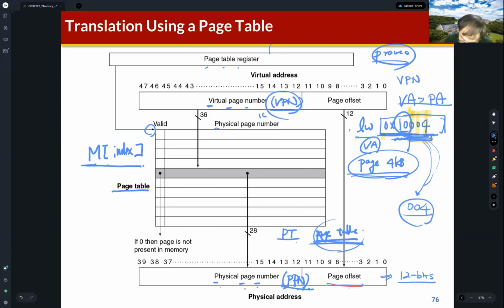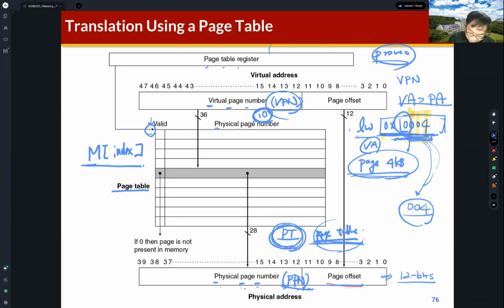To get the physical page number, we need to access the page table in main memory. To access it, we need to know the base address of the page table.